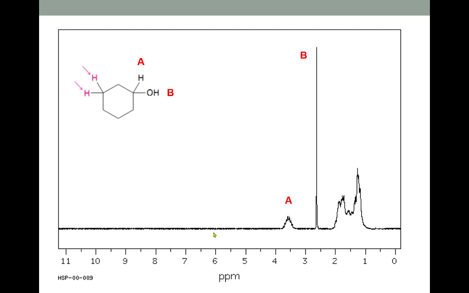So what are we looking at? Well, here's our standard scale. We know that this is a proton NMR. We're going from 0 up to 10, 11, 12 on our x-axis. Remember that the more alkane-like, shielded protons are going to show up at low values. The more deshielded ones, close to electronegative atoms, are going to show up further to the left.